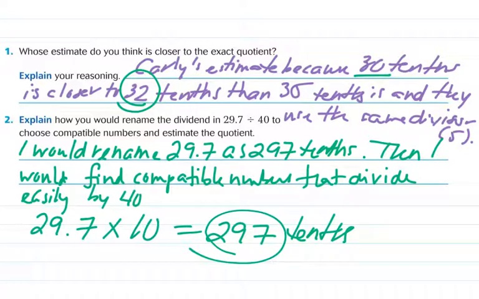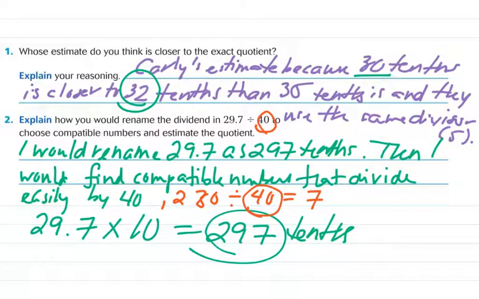So boys, right off the bat, I knew that a compatible number, I can say to myself, well, I can say 280 divided by 40 would give me 7. And remember, 40 is our divisor, and it's the same here.